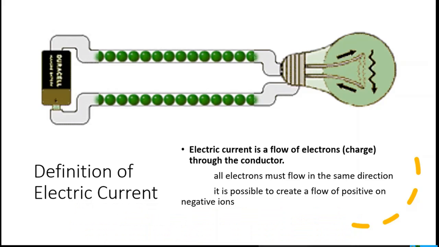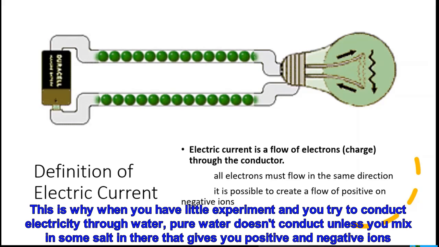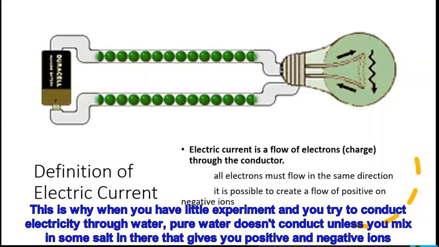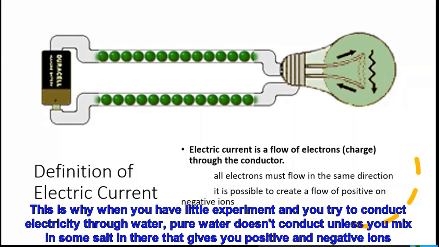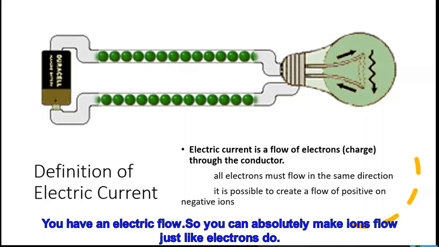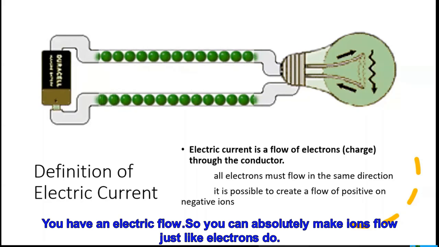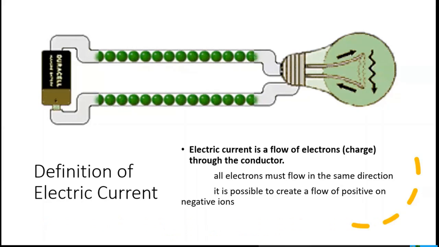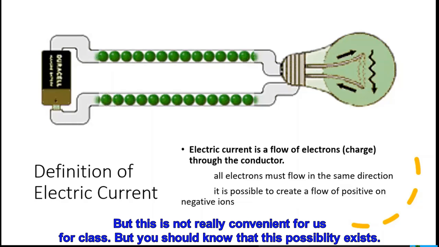This is why when you do little experiments and try to conduct electricity, pure water doesn't conduct, but once you mix in some salt in there, that gives you positive and negative ions, you have an electric flow. So you can absolutely make ions flow just like electrons do. But this is not really convenient for our class.